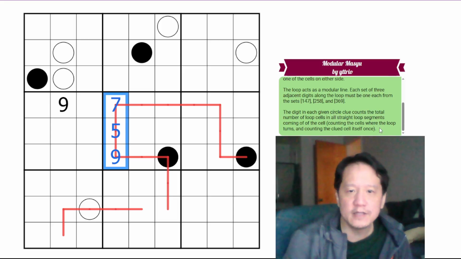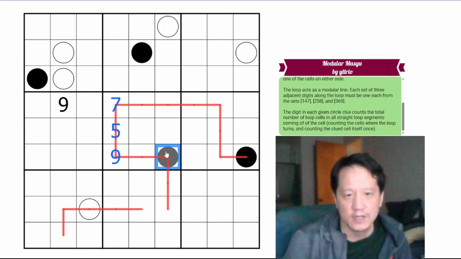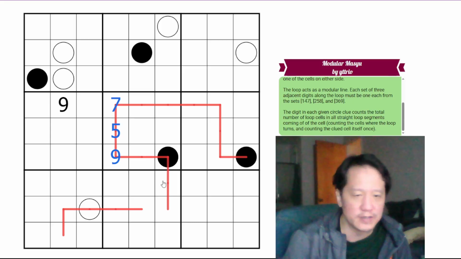And finally, the digit in each given circle clue counts the total number of loop cells in all straight loop segments coming out of the cell, counting the cells where the loop turns and counting the clue itself once. So say we went something like this, though this is not valid.